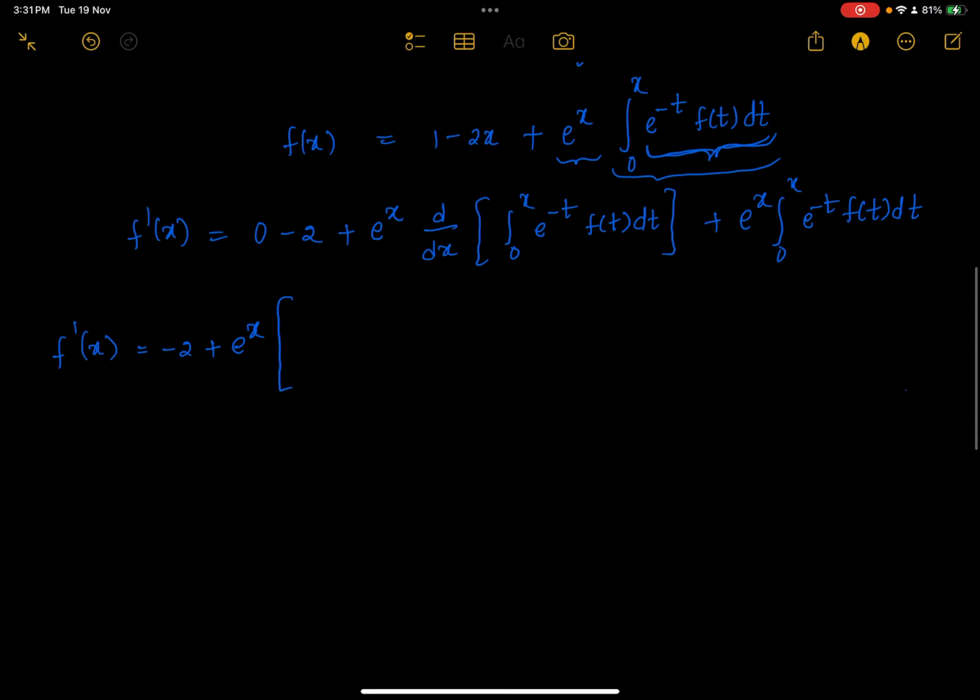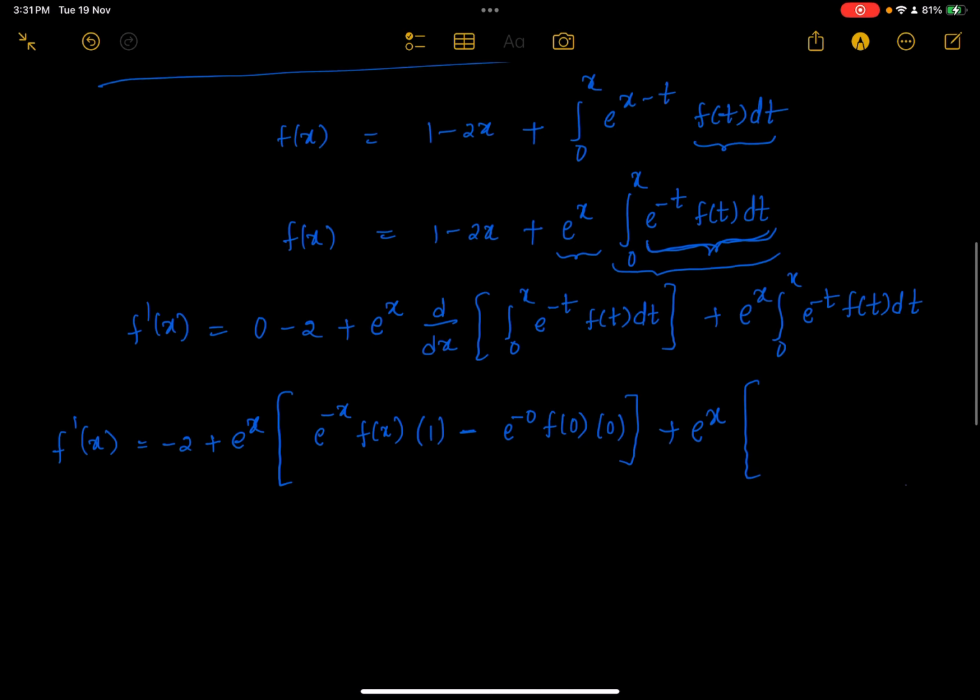Now f dash x is equal to minus 2 plus e to the power x. According to Leibniz rule, if we differentiate this integral, we substitute the upper limit in place of t, e to the power minus x into f of x, and take the derivative of the upper limit, that is 1, minus put the lower limit in place of t and take the derivative of the lower limit, that is 0, plus e to the power x.